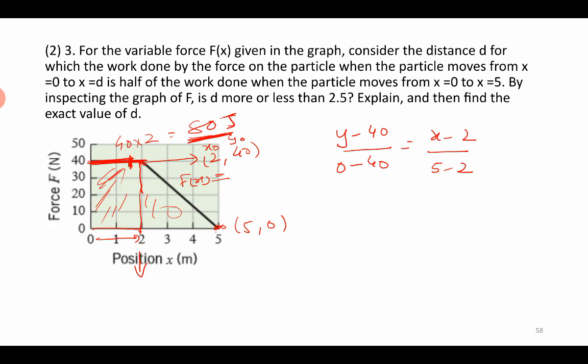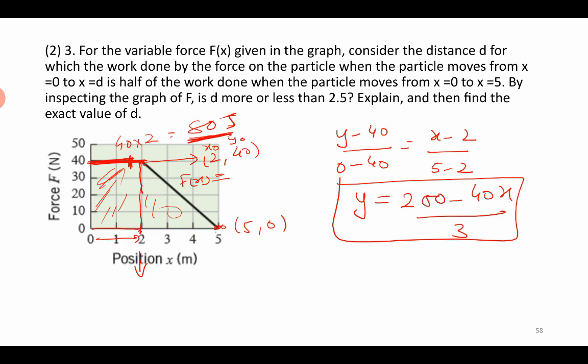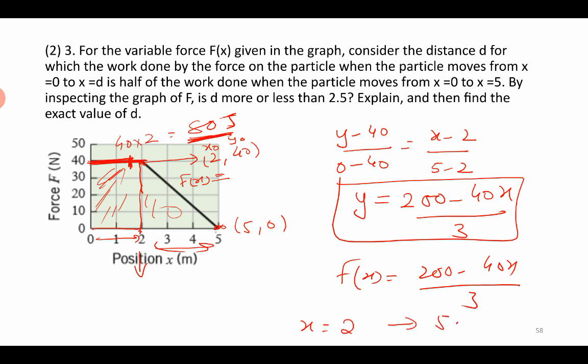When you solve this, you get (200 minus 40x) over 3. This is y. This is the equation of the straight line from 2 to 5 in this direction, isn't it? So f of x is (200 minus 40x) divided by 3 in the interval when x starts from 2 and ends at 5. So the work should be found in this part. Then the total work should be found by adding them.